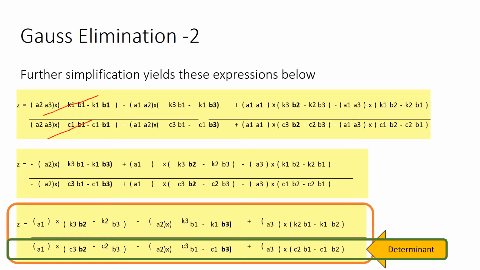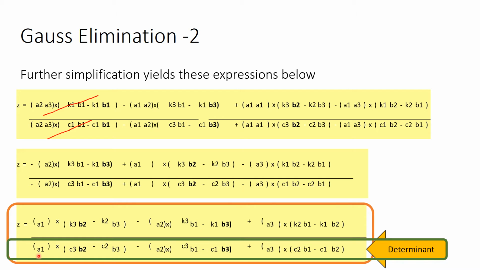I will use these two quantities in the coming videos, but for now, note that this cancellation allows us to convert the linear expressions of Gauss elimination into Cramer's rule. These cancellations right here will allow us to derive this expression right here.